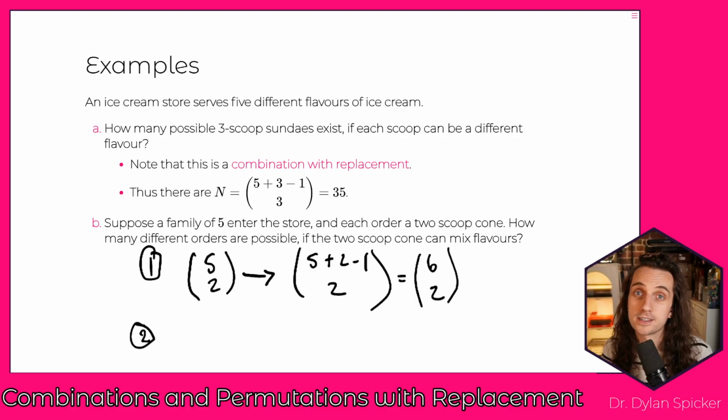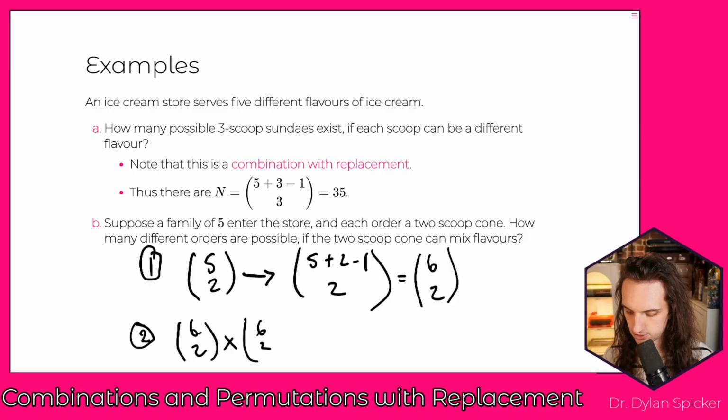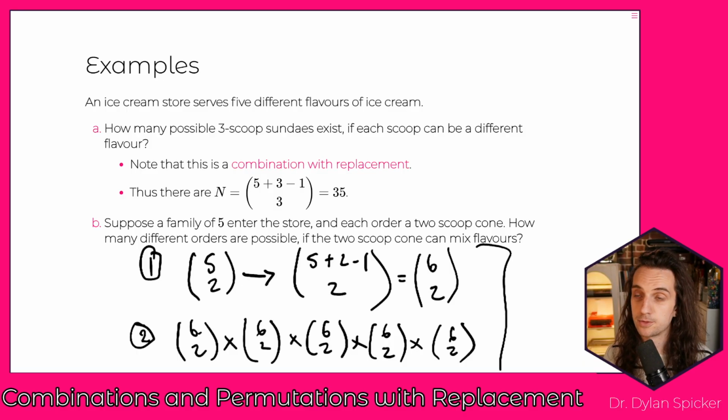We might have people ordering the same thing, but every individual is going to have 6 choose 2 different ways of ordering, right? So we're going to get 6 choose 2 for the first person, 6 choose 2 for the second, for the third, for the fourth, and for the fifth, right? And that's going to give us our total. And so this is sort of the approach to the problem, right? We figure out how many ice cream cones, and then we figure out how many orders from there.